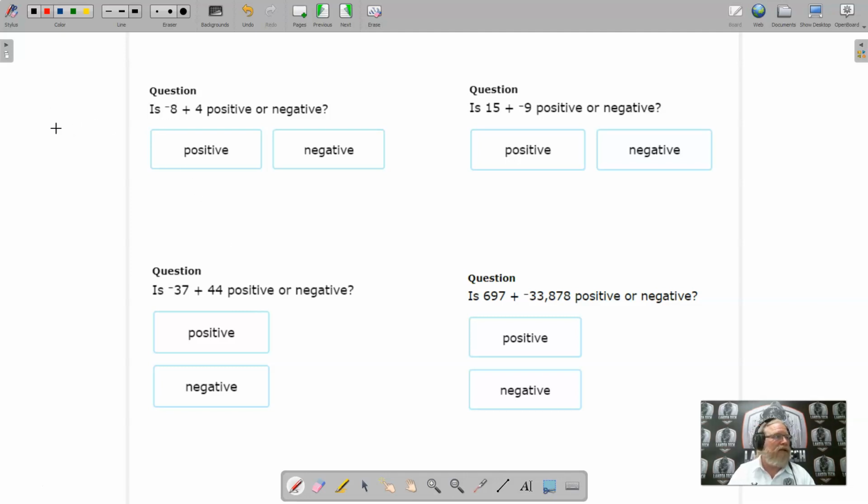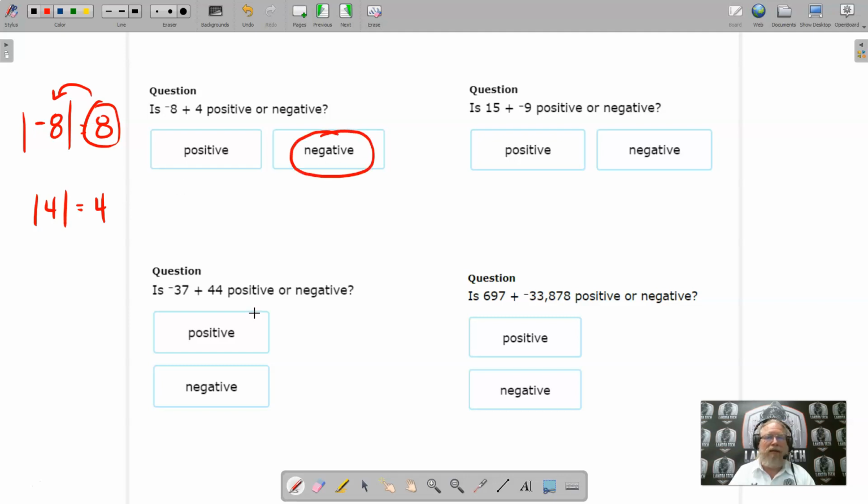So let's go ahead and first consider the problem here. Negative 8, we want the absolute value of negative 8, and we also want the absolute value of positive 4. Now the absolute value of negative 8 is positive 8, and the absolute value of 4 is positive 4. Well, 8 is greater than 4, and we got that value from taking the absolute value of a negative number. So in that case, our answer would be negative.